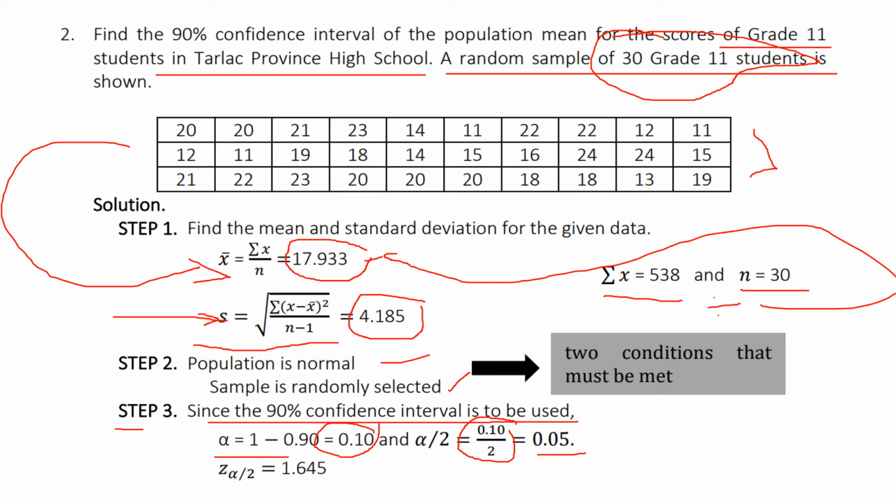Again, it is important for us to memorize the critical value of C for the given confidence interval. If your confidence interval is 90%, then your critical value is 1.645.